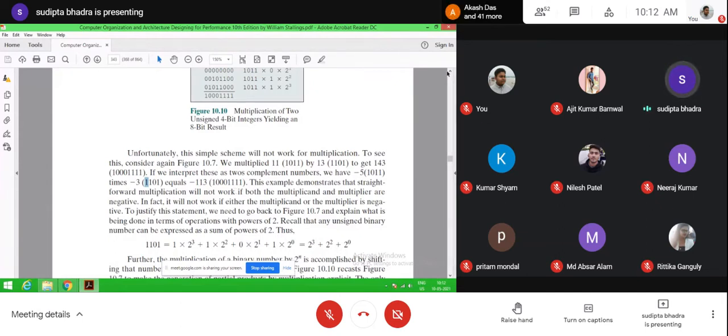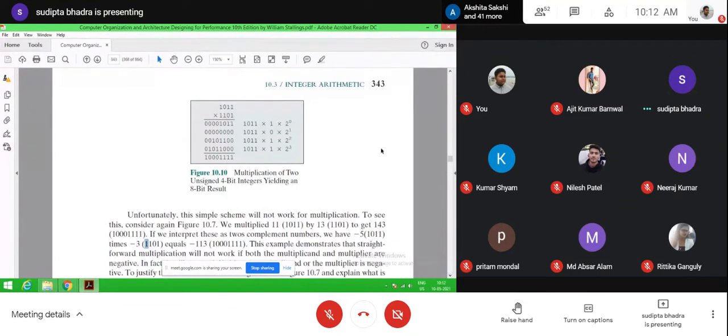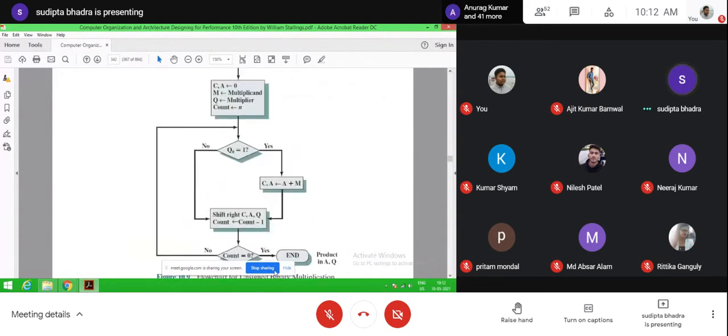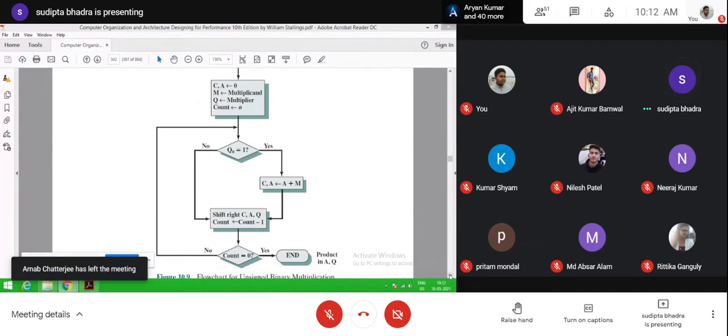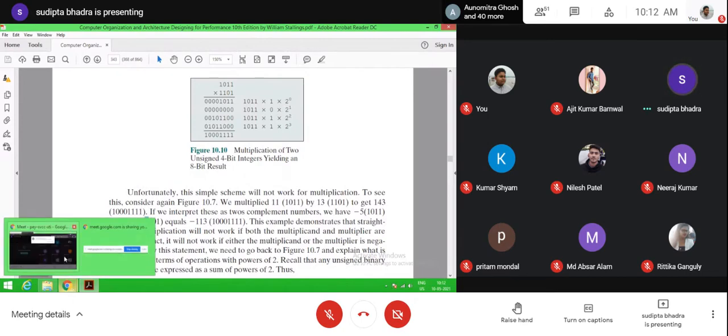This is a particular flowchart for unsigned binary multiplication. In unsigned binary multiplication, each and every partial product is nothing but the shifted multiplicand.